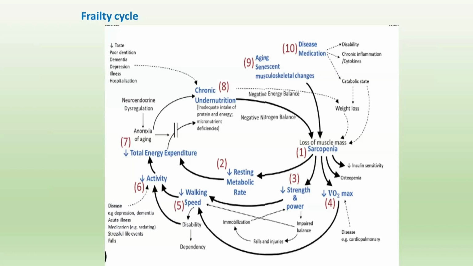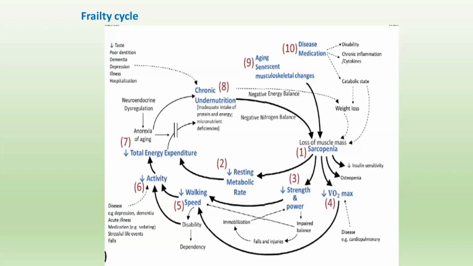This reduced strength also leads to reduced walking speed. And due to the power and strength reduction, activity is also reduced. And with aging, there is a reduced metabolic rate as well. So all of these factors reduce the total energy expenditure of an aged person.